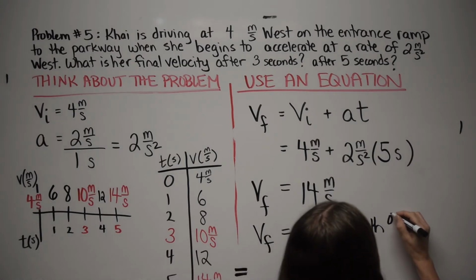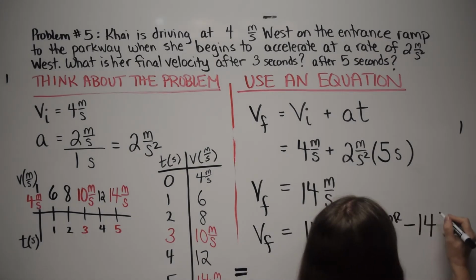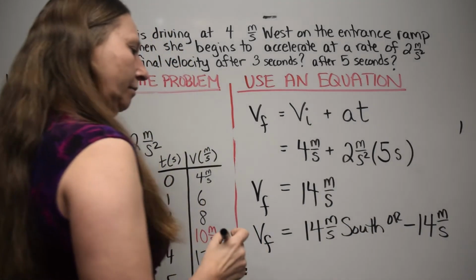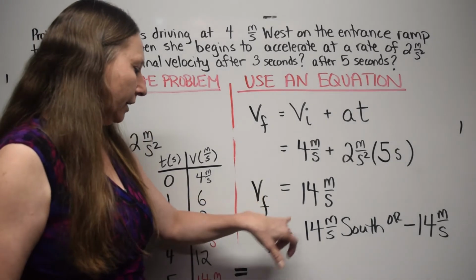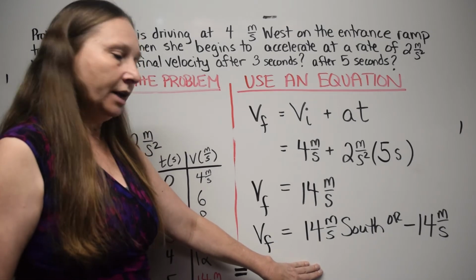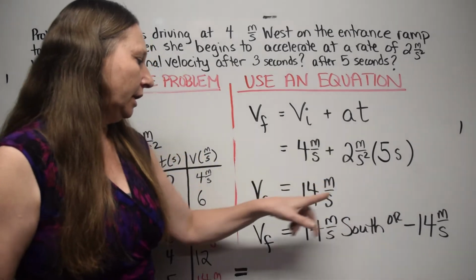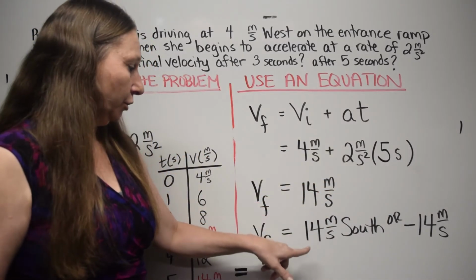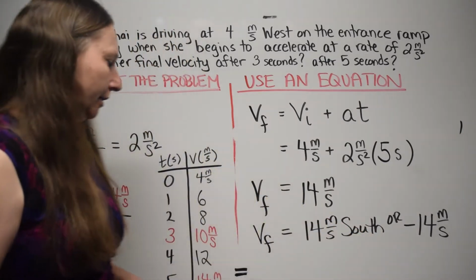Or, because south is negative, negative 14 meters per second. So technically this is the final speed, 14 meters per second. This is the final velocity, 14 meters per second south, or negative 14 meters per second. For the previous problem, it would have been 10 meters per second south, or negative 10 meters per second.